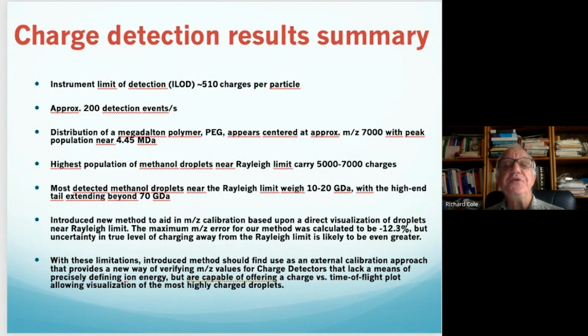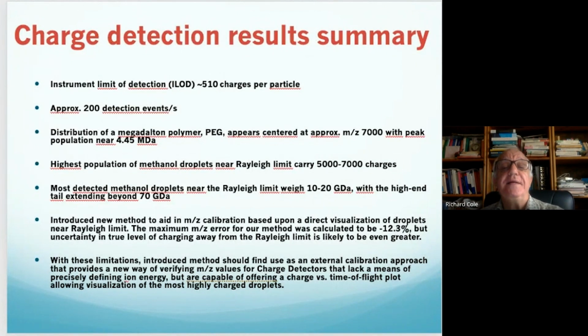We showed the distribution of our megadalton polymer, PEG, with a somewhat asymmetric peak around 6,000 to 7,000 charges, with the peak population near about 4.45 megadalton. For our droplet experiments, we showed that the highest population of methanol carries about 5,000 to 7,000 charges.